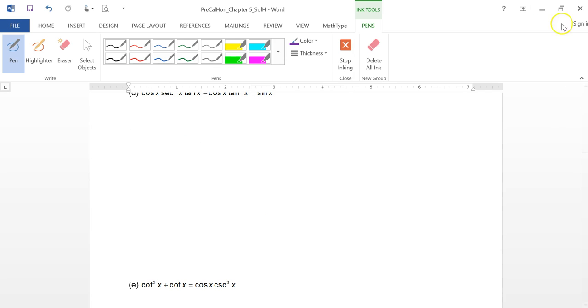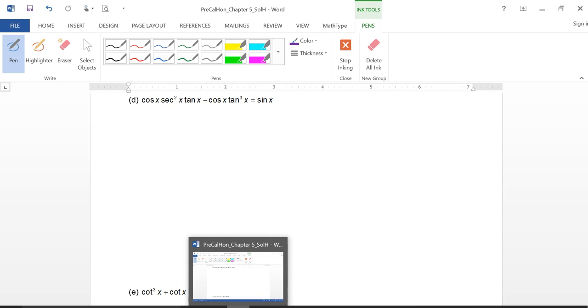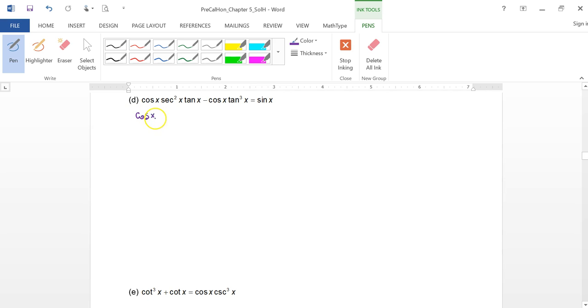So let's do this one. I'm assuming the test is no calculus. No, just right on the bottom. Okay. So here, what we can do is, let's factor out a cosine and a tangent x. So that's what we have, right?